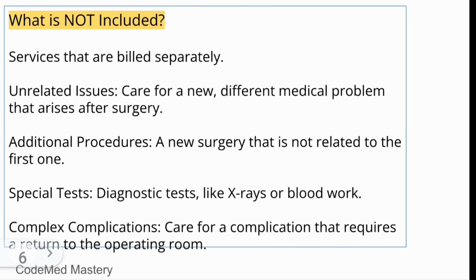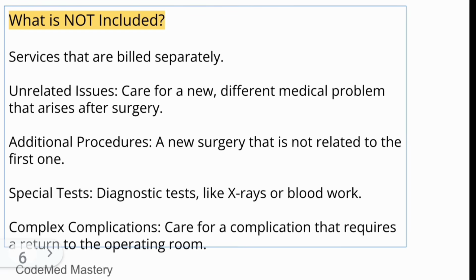Next, let us see what is not included in the Global Surgical Package. First, the services that are billed separately. Second, unrelated issues. For example, care for a new, different medical problem that arises after surgery. Additional procedures, that is a new surgery that is not related to the first one.